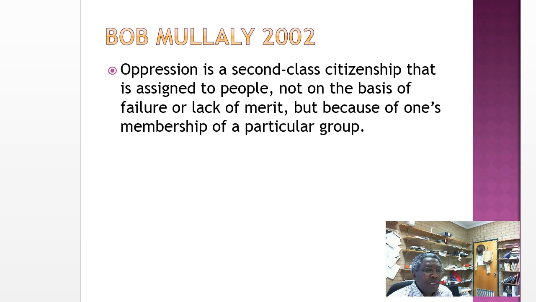Bob Mullaly, as we mentioned, is a Canadian social work academic who, around 2000, was also living and working here in Australia. He argues that oppression is a second-class citizenship that is assigned to people, not on the basis of failure or lack of merit, but because of one's membership of a particular group. This is an important theory about oppression, because it's arguing that people don't necessarily need to have done anything to be oppressed.